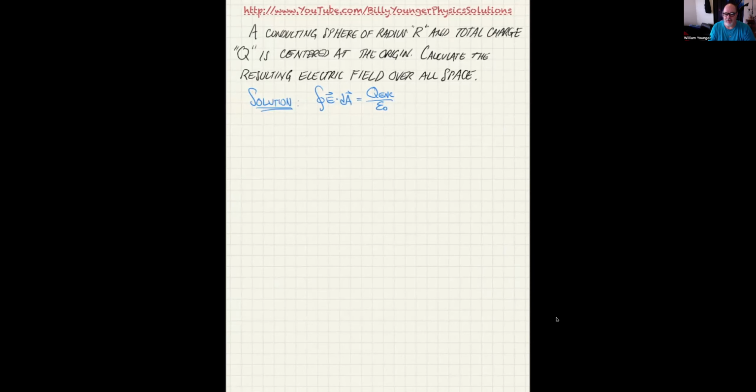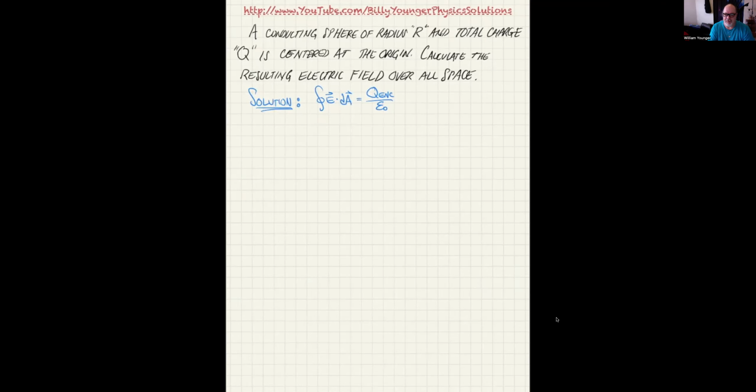So I work the left-hand side, the closed integral of E dot dA, and then I work the right-hand side, which is Q enclosed over epsilon naught. When I'm done, I set them equal to each other and use that to solve for E.